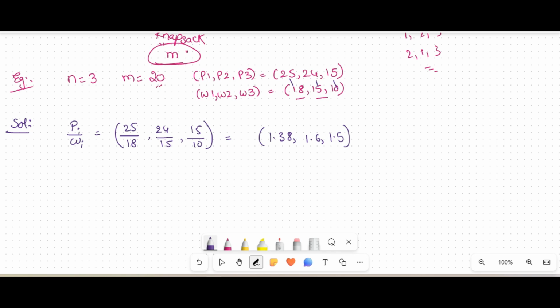This is step 1: we have to find Pi by Wi.